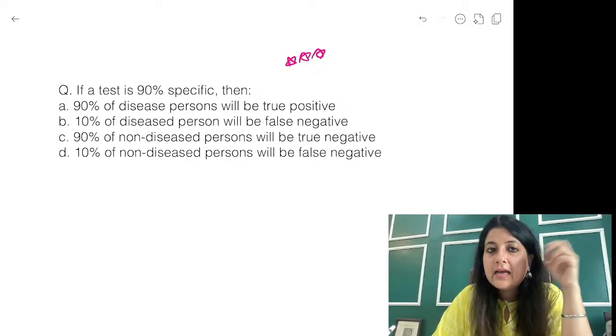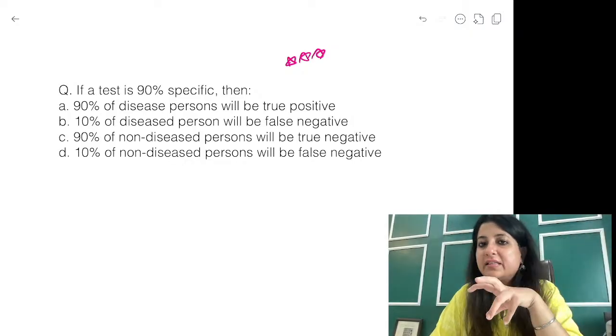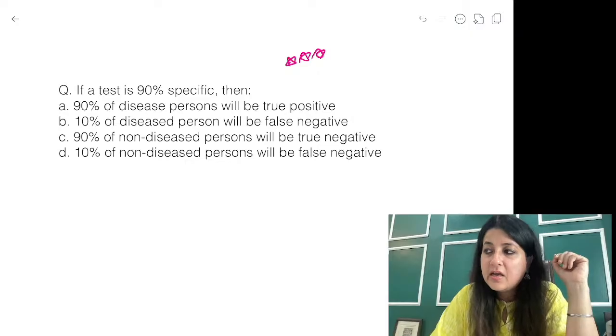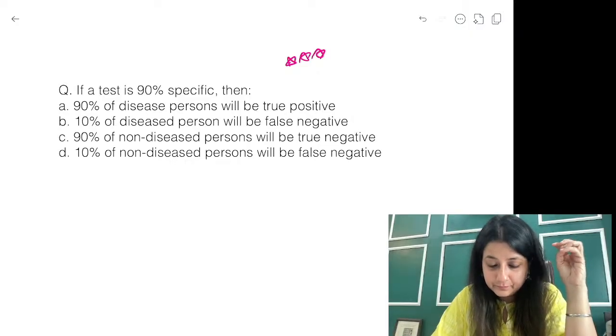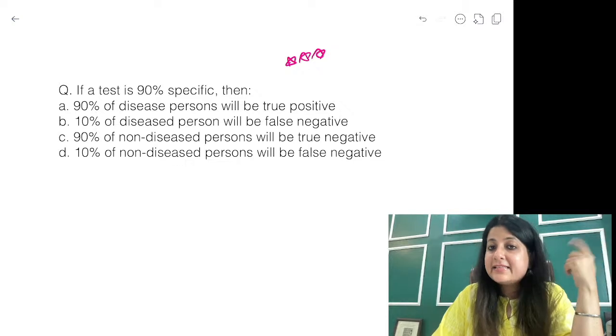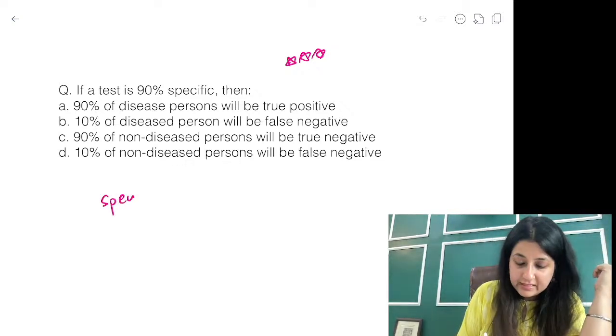What is the answer to this? What is the meaning when I say that a disease is 90% specific, or 90% sensitive? What does it mean? Very good, guys. Now you all know the formula for specificity.